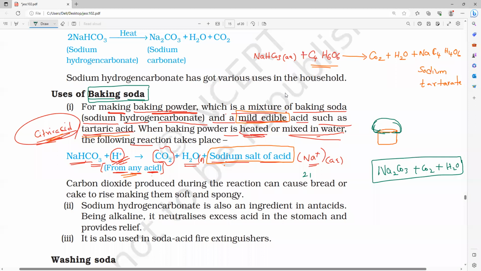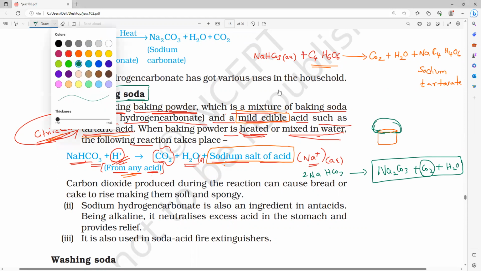Do you all remember that? Here also carbon dioxide is produced. Who makes the cake spongy and fluffy? Have you noticed that our idli batter or dosa batter turns spongy if you expose it to the surroundings for one day? Am I right or wrong?